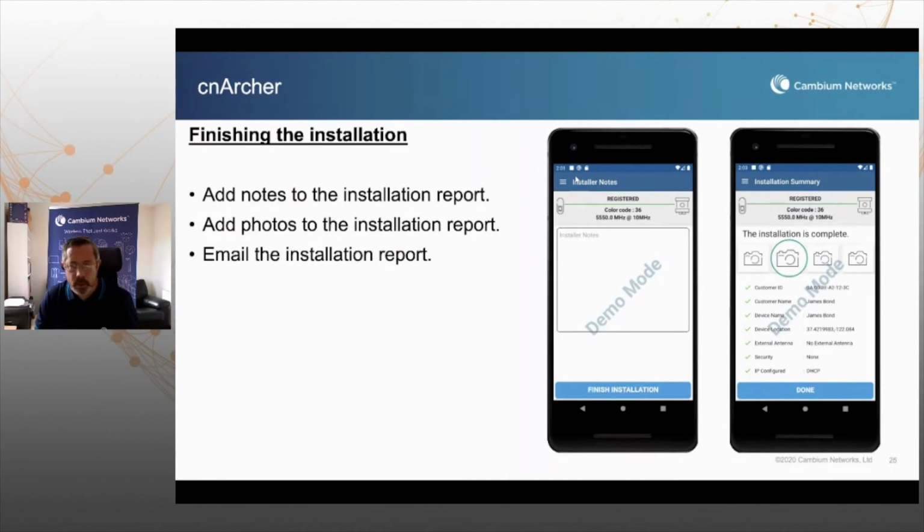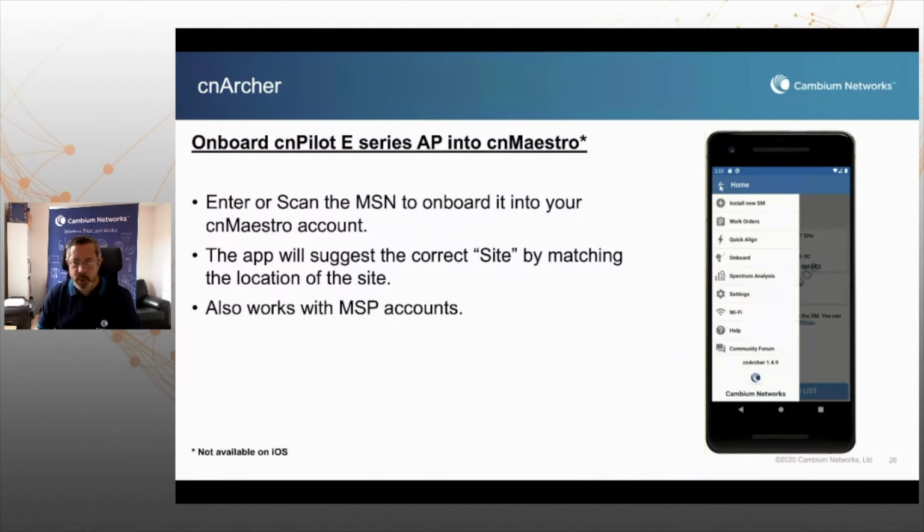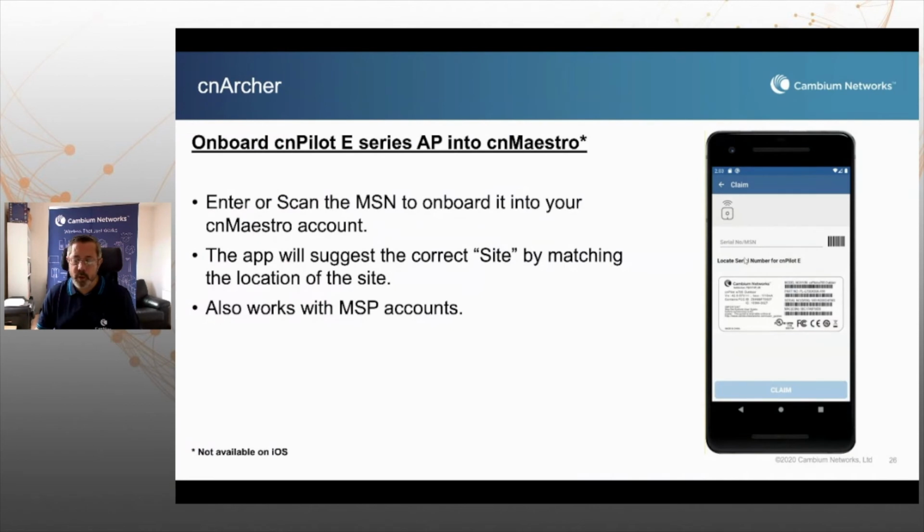And of course, when you've finished configuring the link, you want to send that installation report back, and you can do that with photos and notes and email the report. And then finally, as a bit of a bonus, on the Android system, you can actually onboard subscriber Wi-Fi APs to CN Maestro.